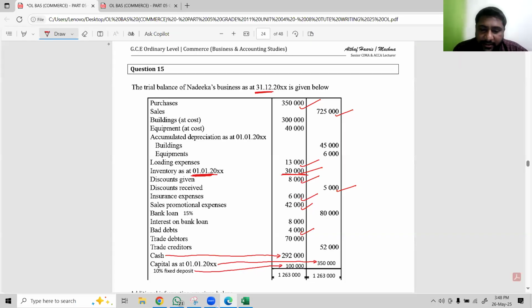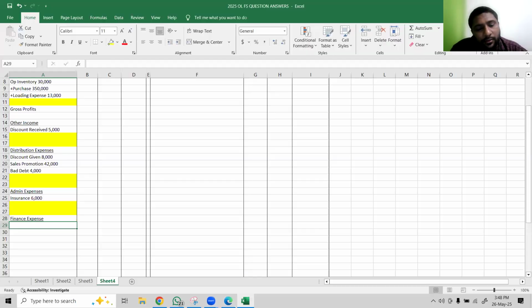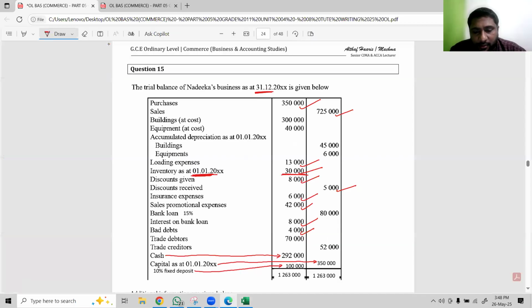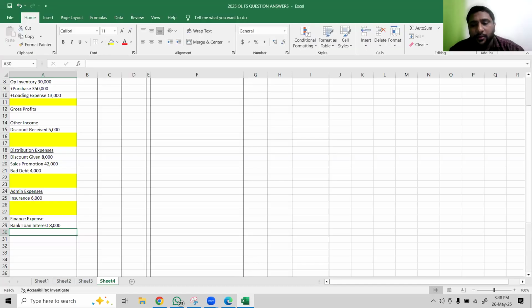We have one finance expense, interest on bank loan 8,000. That's all.